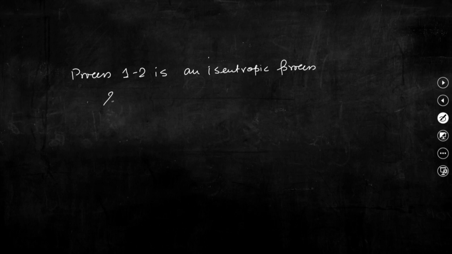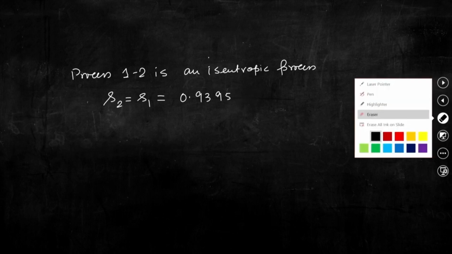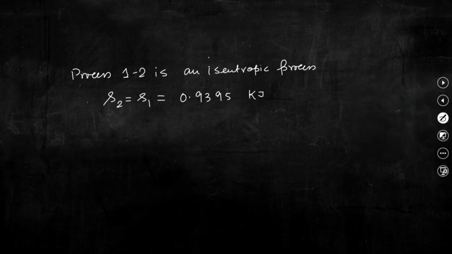That means S2 equals S1, and that you have already calculated, 0.9395 kilojoule per kg Kelvin. What is given? P2 is given, that is P2 equal to 0.8 megapascal. So, this is also given in the problem statement.